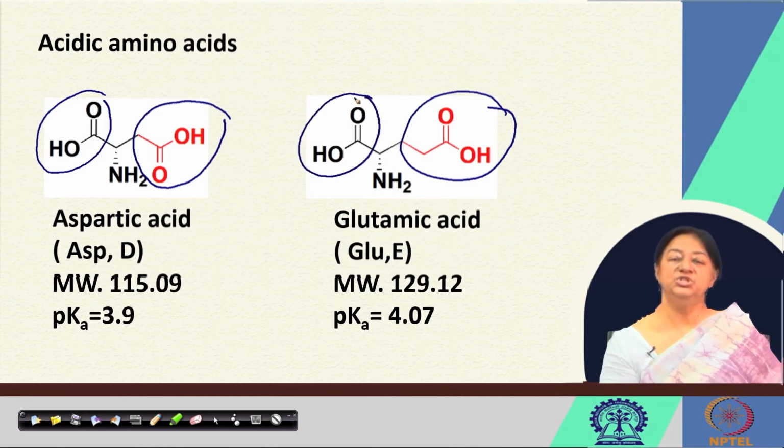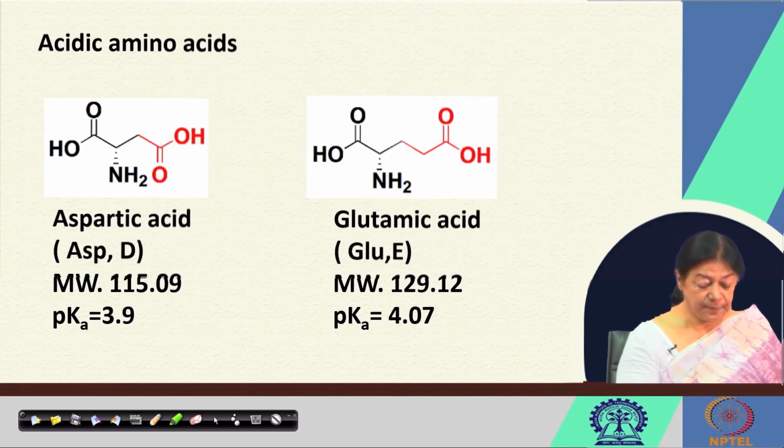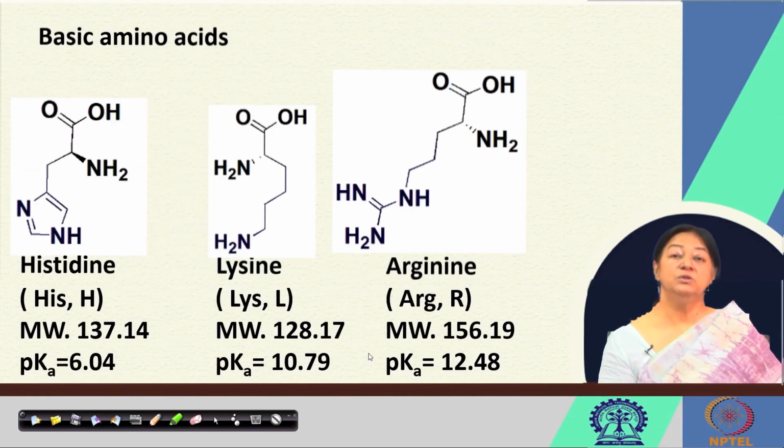Now, how does this change the property? It does in an important way because this can be involved in electrostatic interactions. When we look at the different types, we can also see that there are basic amino acids.